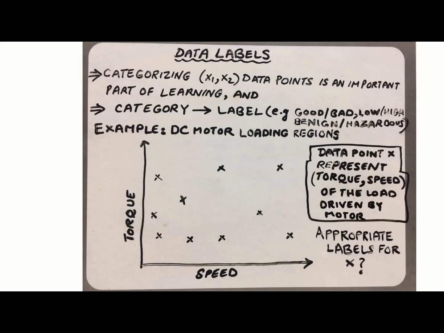Machine learning is about categorizing the data points, and we specify a category by means of a label.